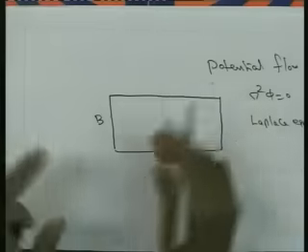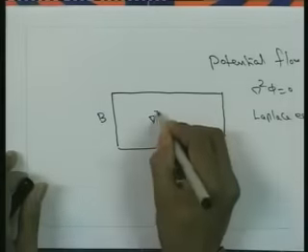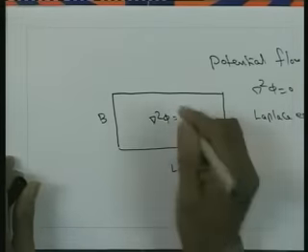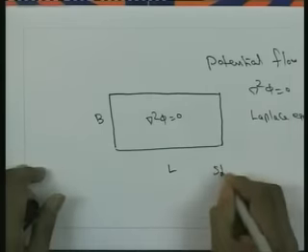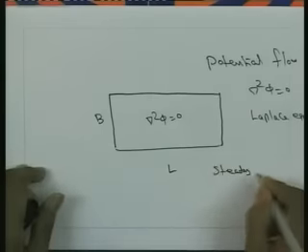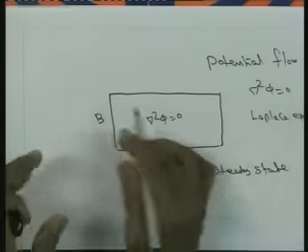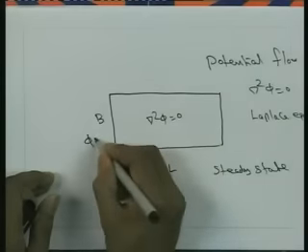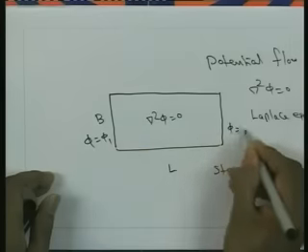Now, if you are dealing with the potential flow problem, here the governing equation is del square phi equal to 0, the Laplace equation, and then the boundary conditions. This is a steady state problem, so the boundary conditions can be, here the potential phi is prescribed at this boundary, say phi equal to phi 1 here, and phi equal to phi 2 here.